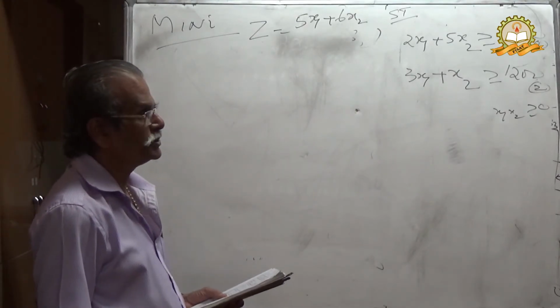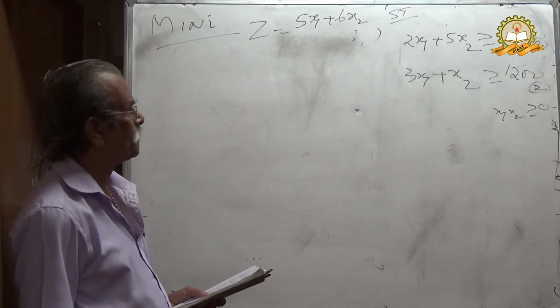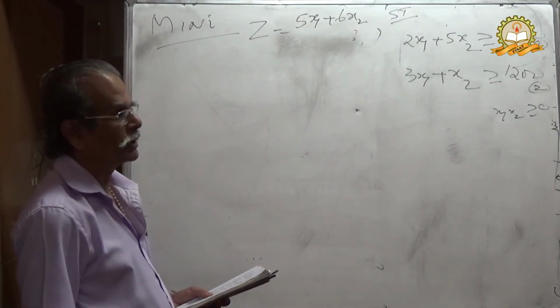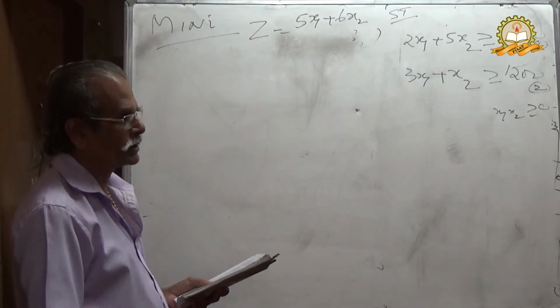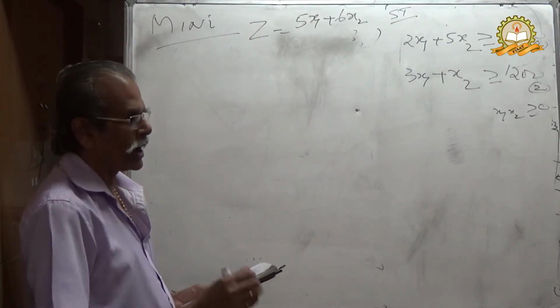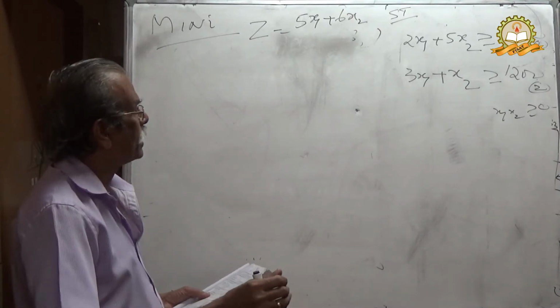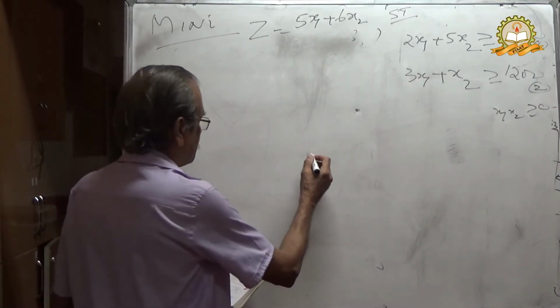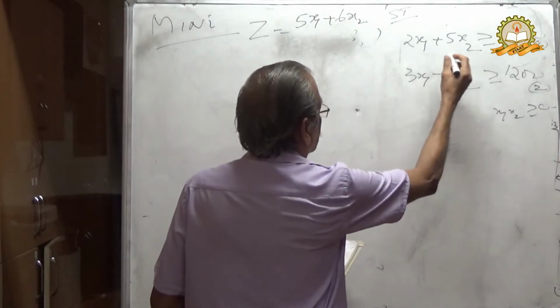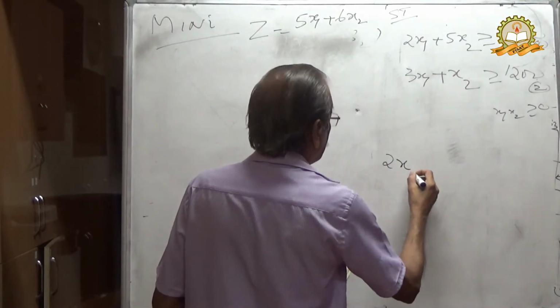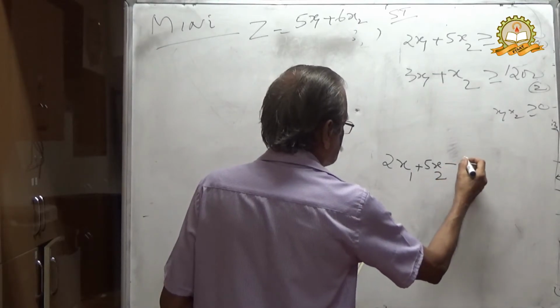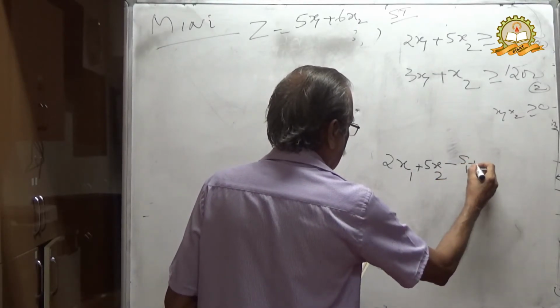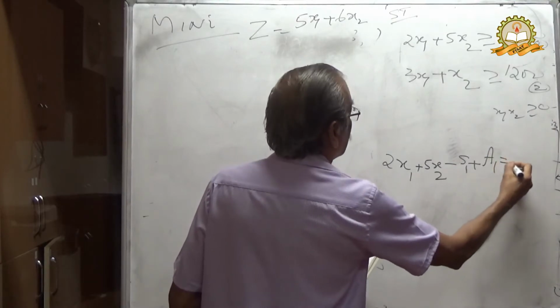Therefore, we change them into equations. Since they are greater than or equal to, you subtract a surplus variable and add an artificial variable.